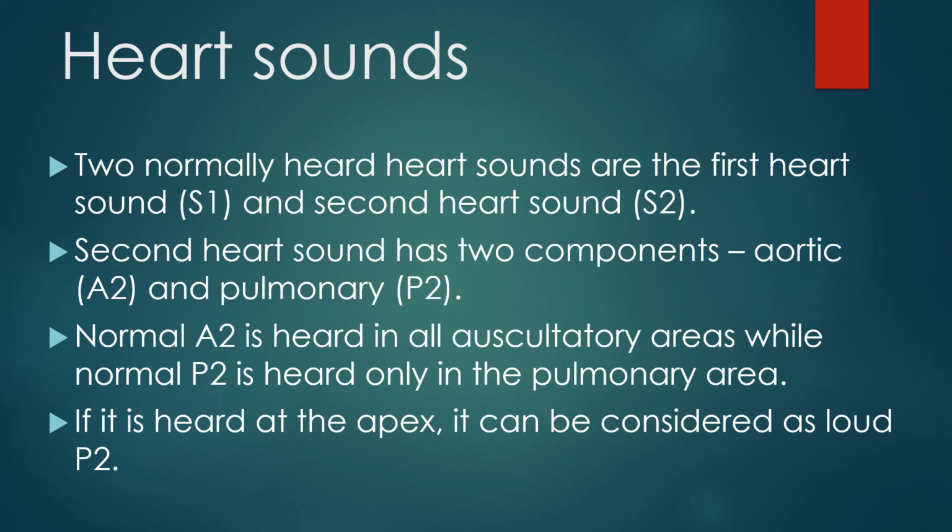Two normally heard heart sounds are the first heart sound and second heart sound. Second heart sound has two components, aortic and pulmonary, A2 and P2. Normal A2 is heard in all auscultatory areas, while normal P2 is heard only in the pulmonary area. If P2 is heard at the apex, it can be considered as loud P2.